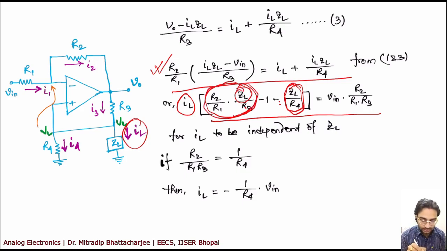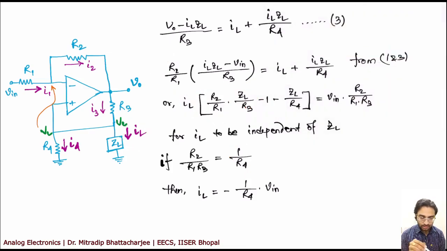In such a case, here it is 1 by R4, right? And here it is R2 divided by R1 into R3. So I repeat, this one is R2 divided by R1 into R3, and here it is 1 by R4. So these two terms should be equal, then these two will cancel out.